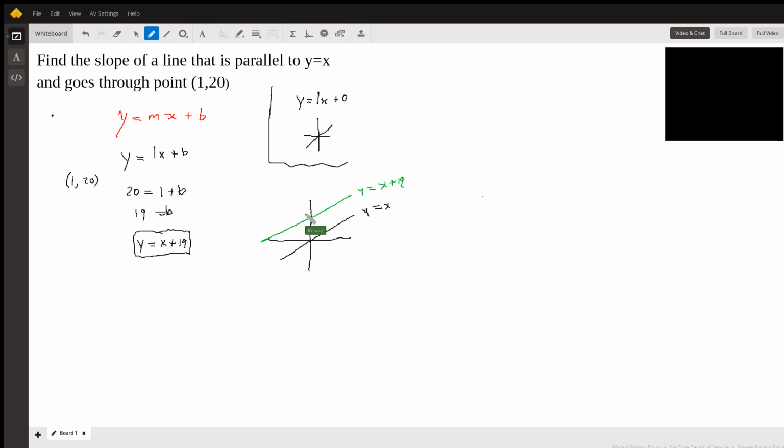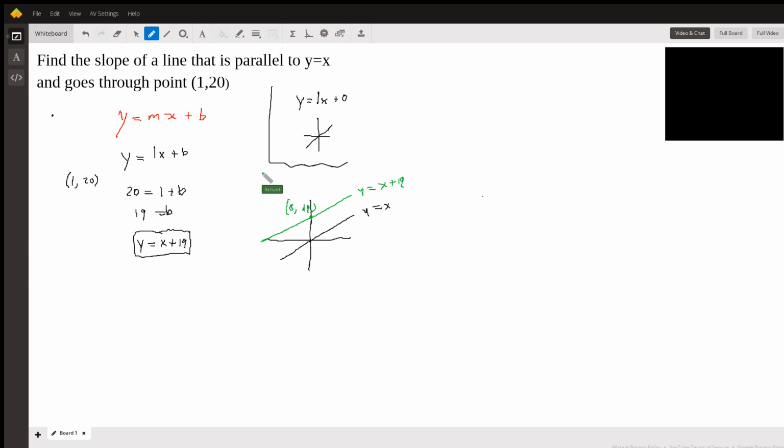And it would have an intercept of 19 here, (0, 19). This line also goes through the point that we're interested in, (1, 20). You see, because when x is 1, y is 20.